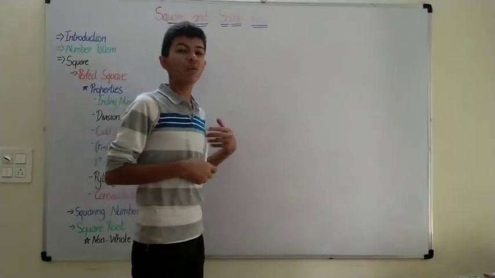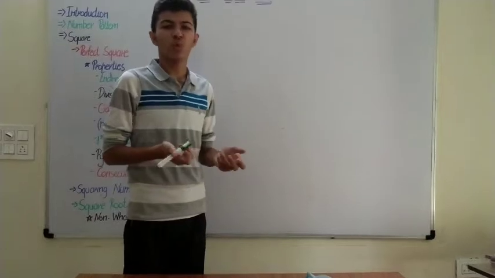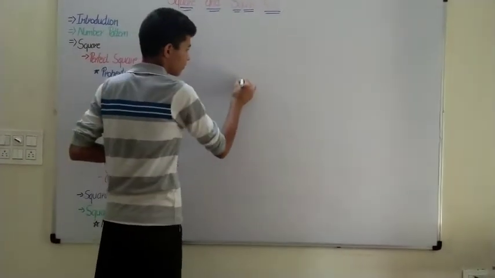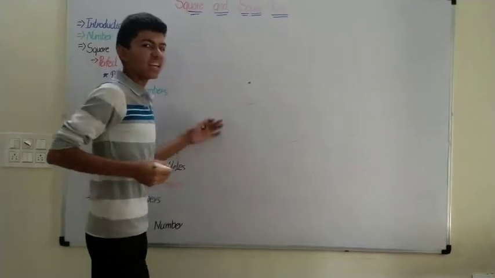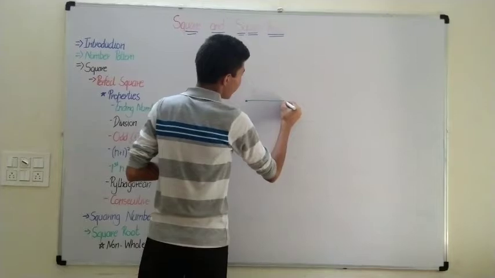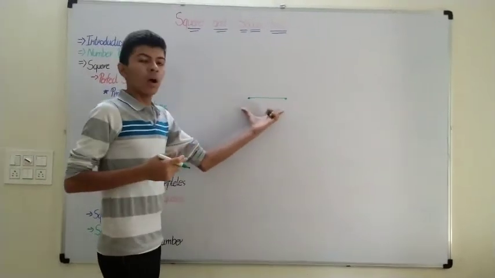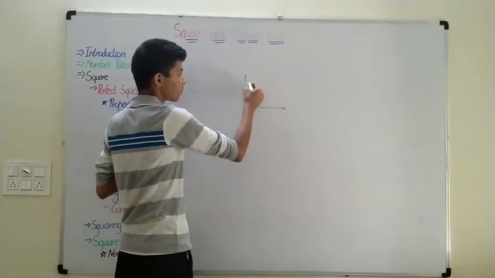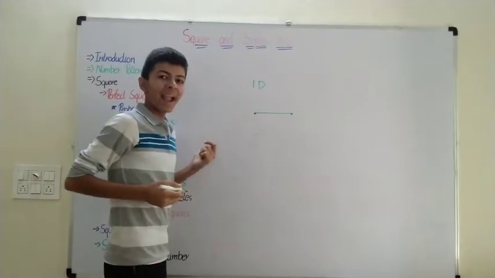But what if I have to do it not many times, but only 2-3 times? We know that a point has 0 dimension, so we cannot include it. If I have a line, it is one dimension, so we call it 1D.